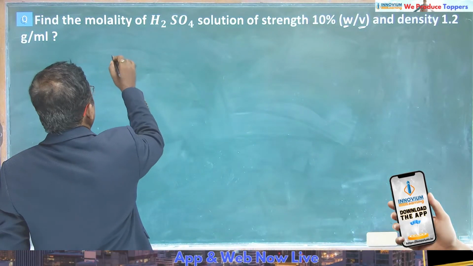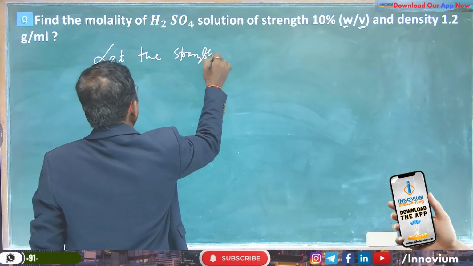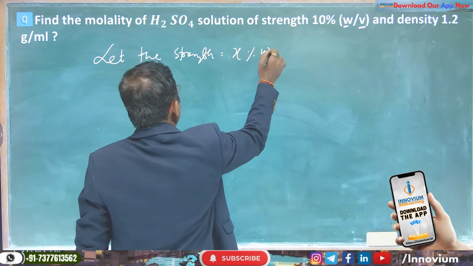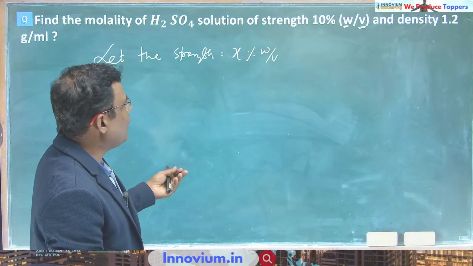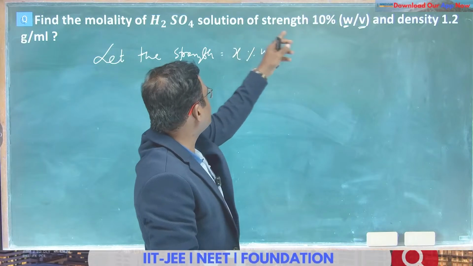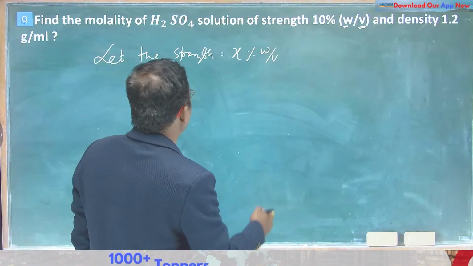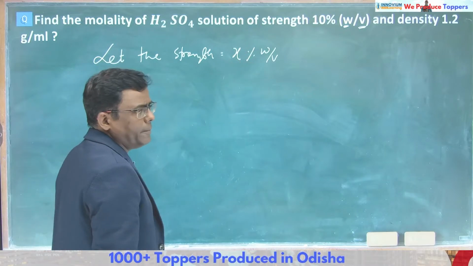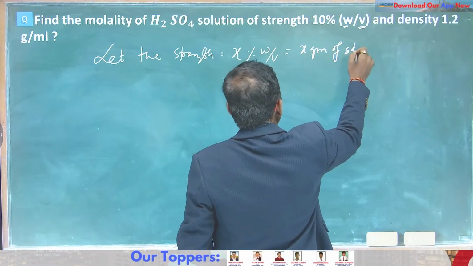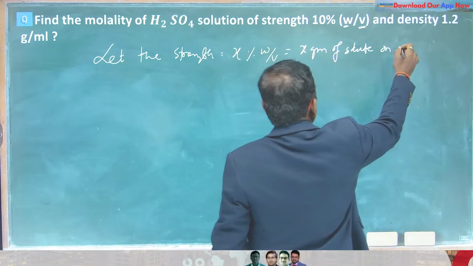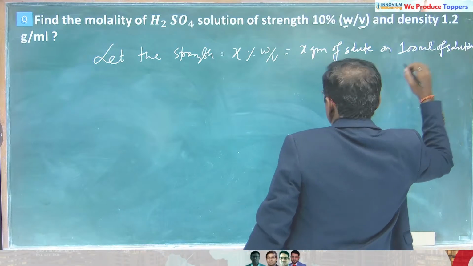So let the strength equal x% W by V. First we'll derive the general formula, then we'll apply the given data in this question in that formula, so that we can easily get the result. So x% W by V is equal to x gram of solute in 100 ml of solution.